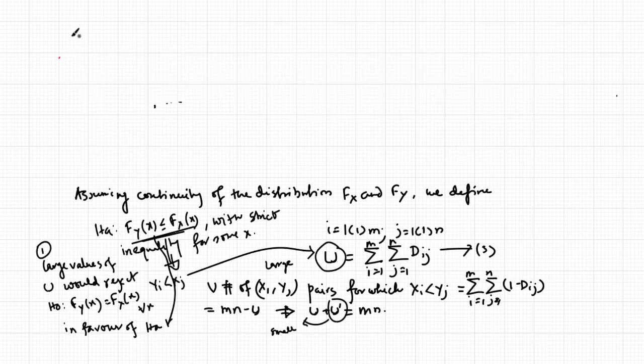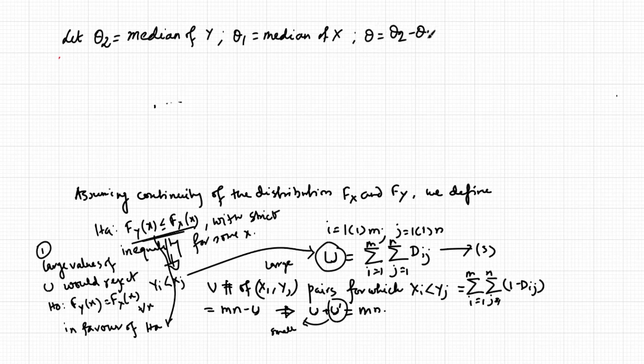Now let theta 2 be the median of y and theta 1 equal to the median of x, and theta equal to theta 2 minus theta 1, and suppose our null hypothesis is theta equal to 0 versus the alternative hypothesis theta greater than 0.